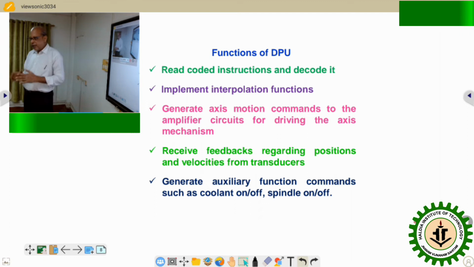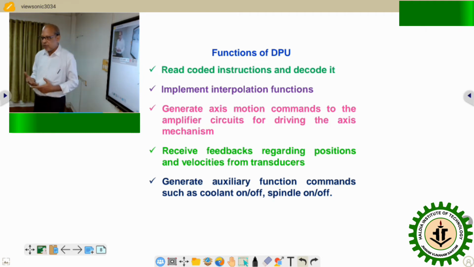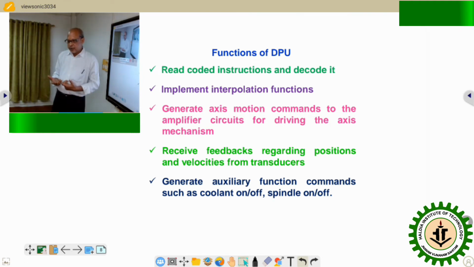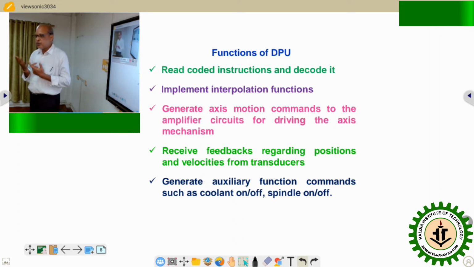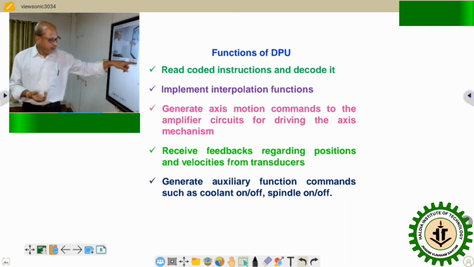If you go back to the closed loop control circuit diagram, you will find one amplifier. The voltage available is not sufficient to undertake metal cutting, so that voltage needs to be amplified to enable metal cutting, because high cutting force and torque are encountered. That is why it has to be sent through the amplifier circuit.